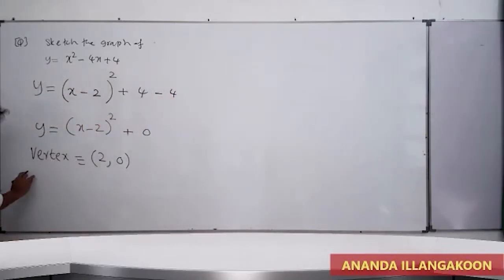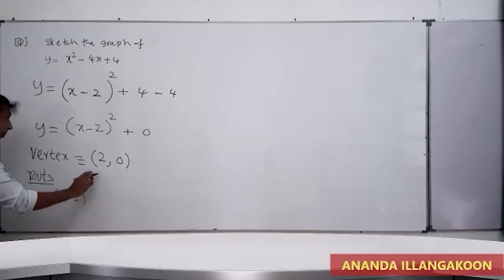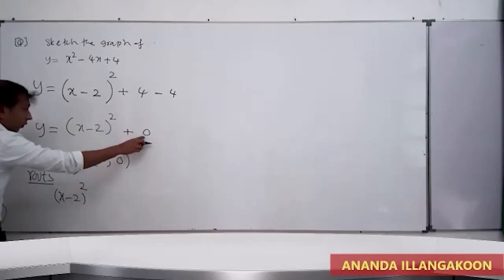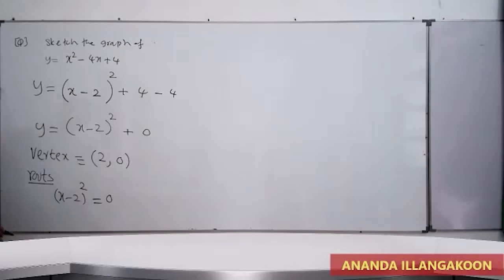Roots. How to write roots, people? Put y equals 0. Then what do you get? (x minus 2) perfect squared plus 0. That means only (x minus 2) squared equals 0.